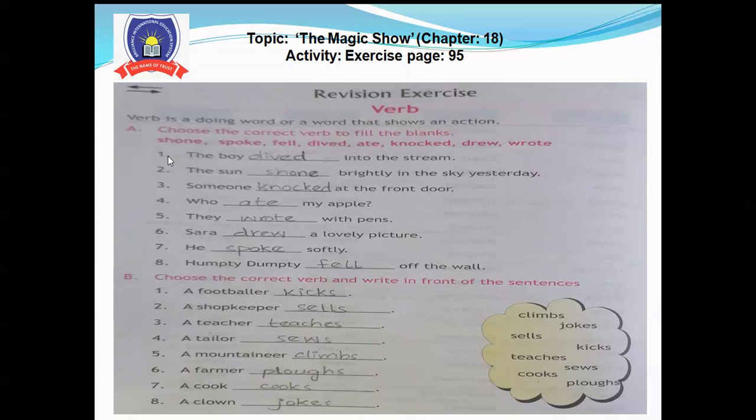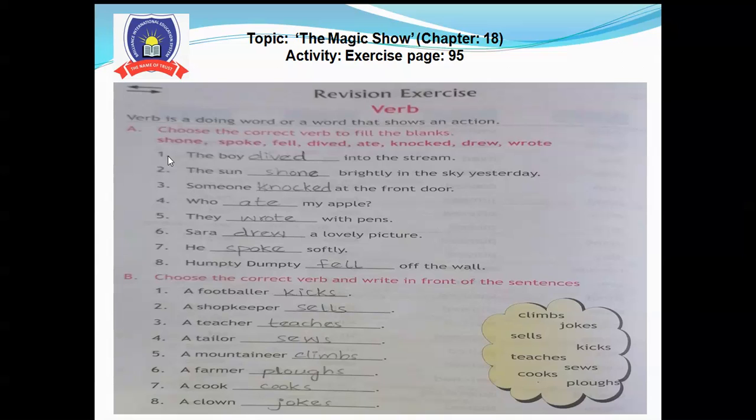S-H-O-N-E, shone. Number 3. Someone knocked, K-N-O-C-K-E-D, knocked at the front door. Okay? Number 4, who ate my apples? ATE, ate my apples.